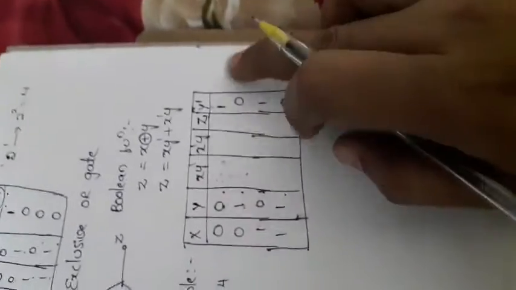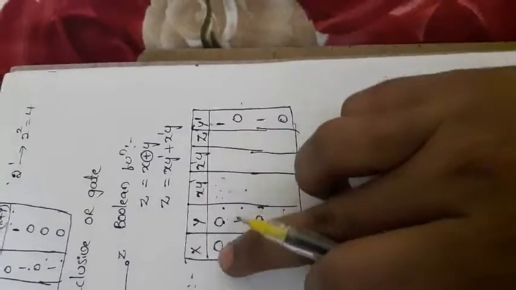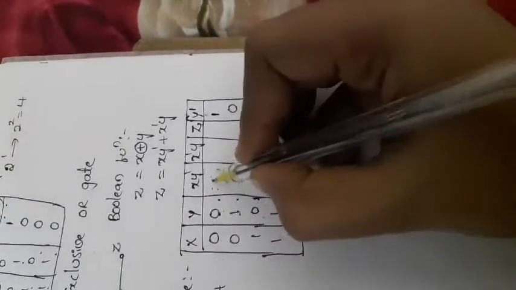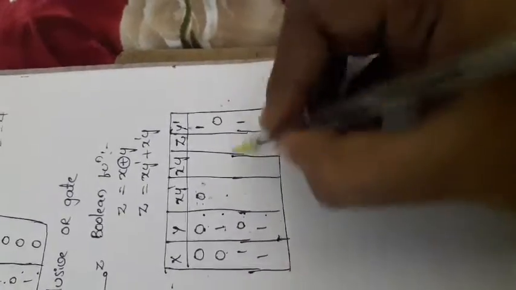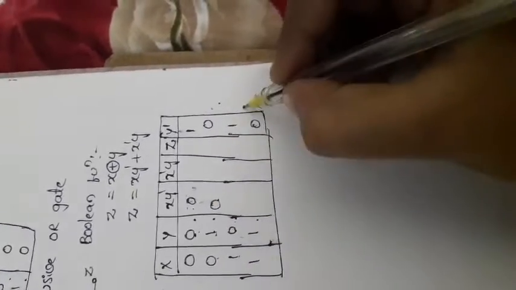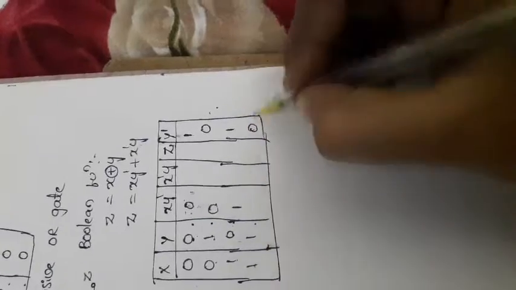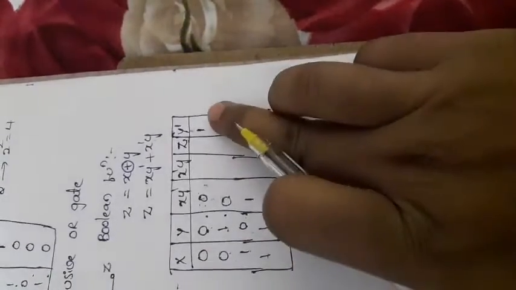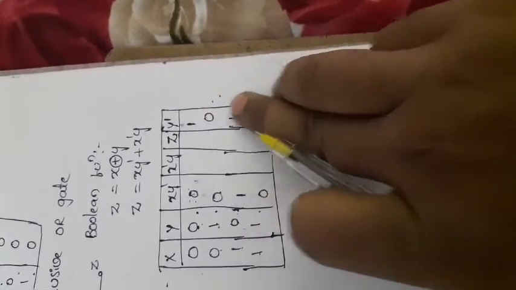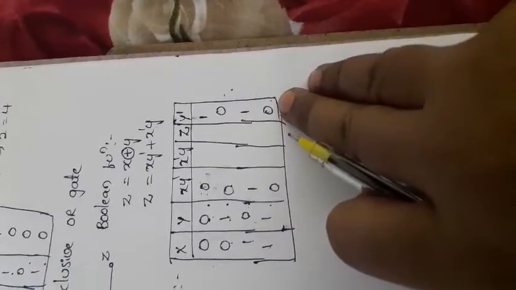Multiply these two values: 0 into 1, 0; 0 into 0, 0; 1 into 1, 1; and 1 into 0, 0. Just check it, x into y complement: 0, 0, 1, 0.